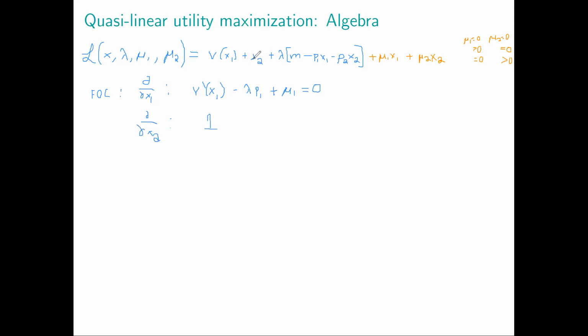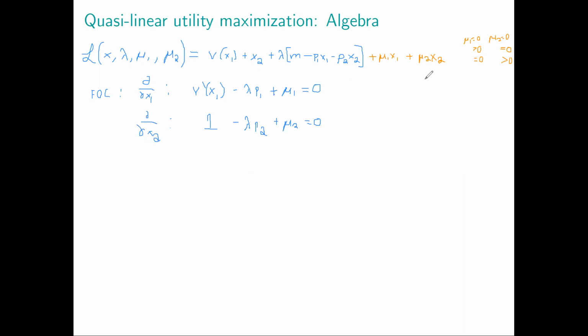So we have this linear part of x2, where this is just a 1 in front of it, we'll have a minus lambda p2, and then a plus mu2 equals 0. And we'll use the budget constraint when we need to, but it'll always just kind of be floating in the background, right?